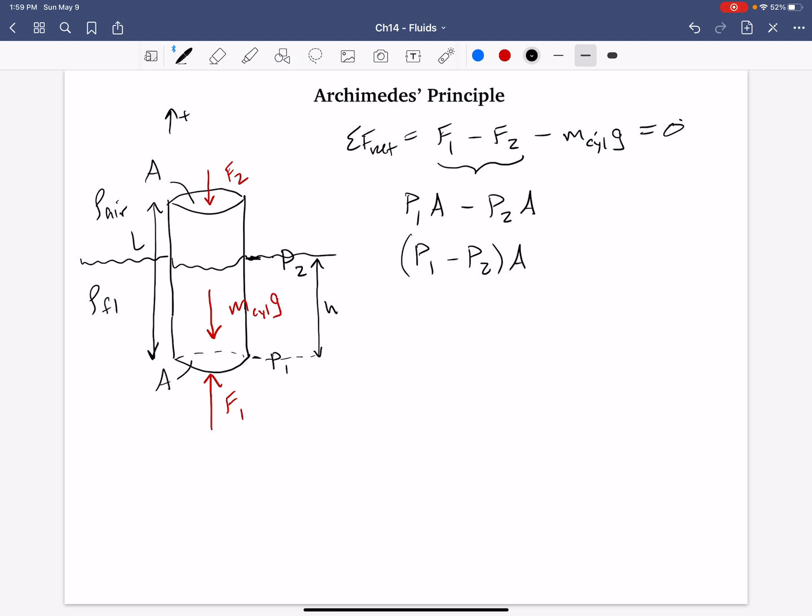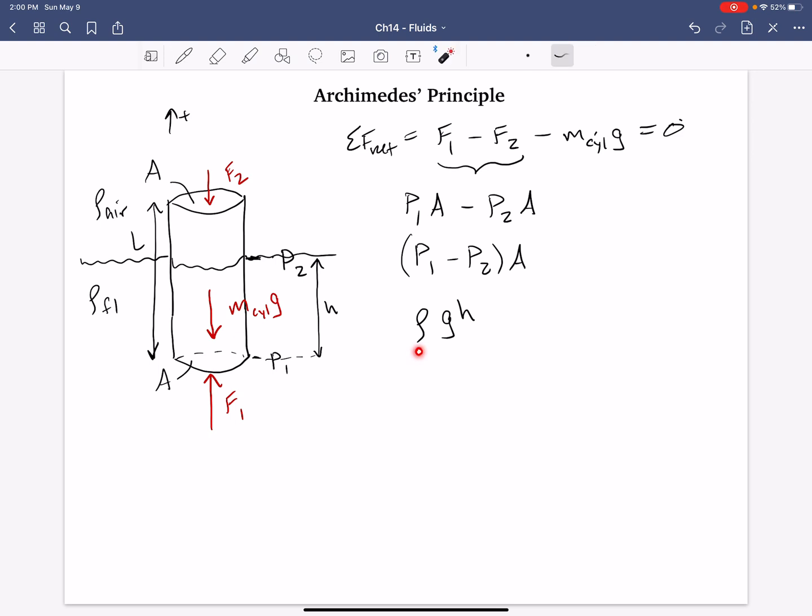What's P1 minus P2? Yes, it's a positive value, but remembering back to Pascal's principle, a difference in pressure is equal to rho g times the change in height between those two points, rho g h. And specifically, what's this density?